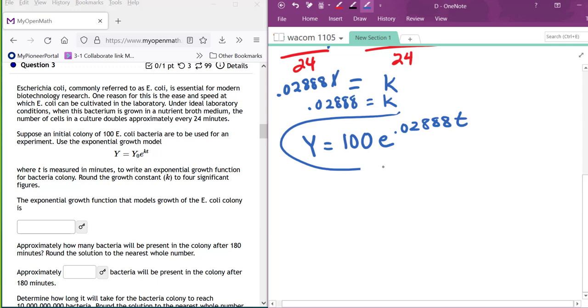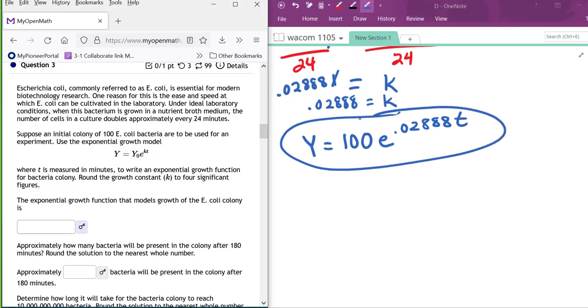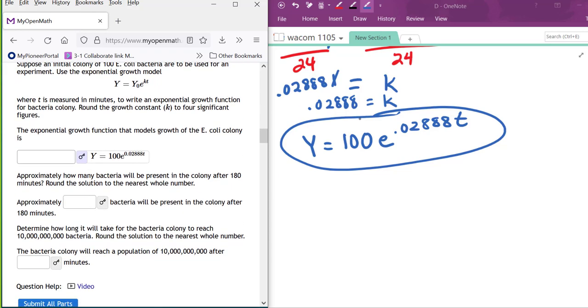So this should be our first answer for the growth function. So we're good there. And it's okay that they switch to minutes here. Just make sure that what you plug in is minutes.